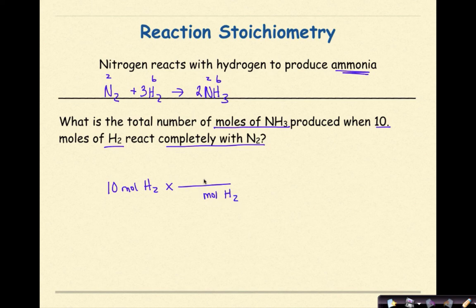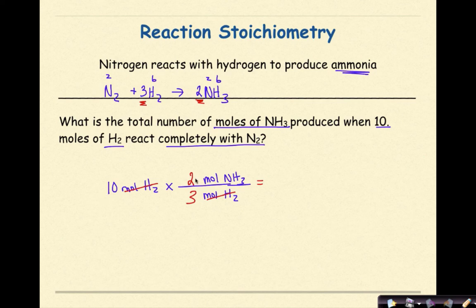I want the total number of moles of NH3 on top. So again, I'm going to go to my balanced equation. I'm going to look at the coefficient in front of the H2. That's a 3. I'm going to look at the coefficient in front of the NH3. That's a 2. The 2 will go here. Moles of H2 cancels moles of H2. I'm left with moles of NH3, which is what I want.